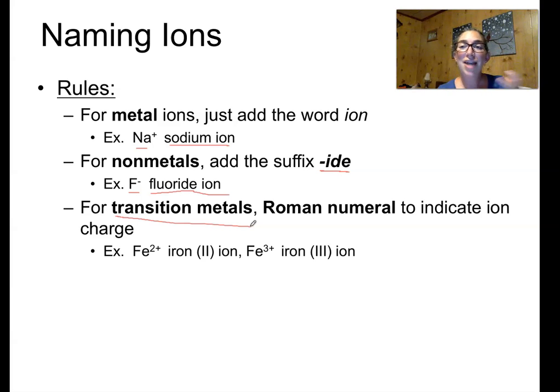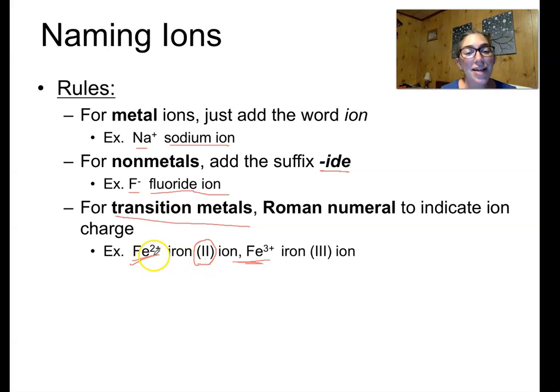And so we have to have a way to indicate which copper ion we're talking about. The example here in this slide is actually with iron and not copper. Iron can form a 2+ ion or a 3+ ion. So we can't just call it the iron ion because there are a couple of different iron ions. We indicate which one it is by naming the charge using Roman numerals.